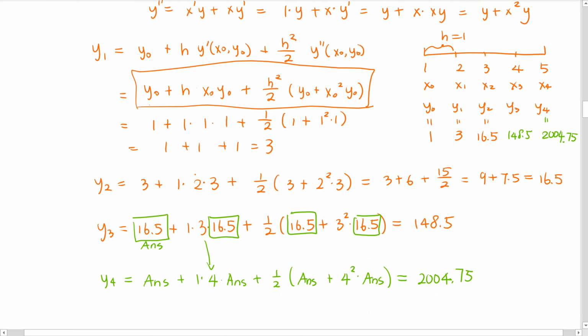So you don't need to retype everything, especially when your function is complicated and its derivative and second derivative are complicated. Then we can use this answer function in our calculator. So far, so good, everybody? Okay, so that is the modified Euler's method. All right. Let's continue.